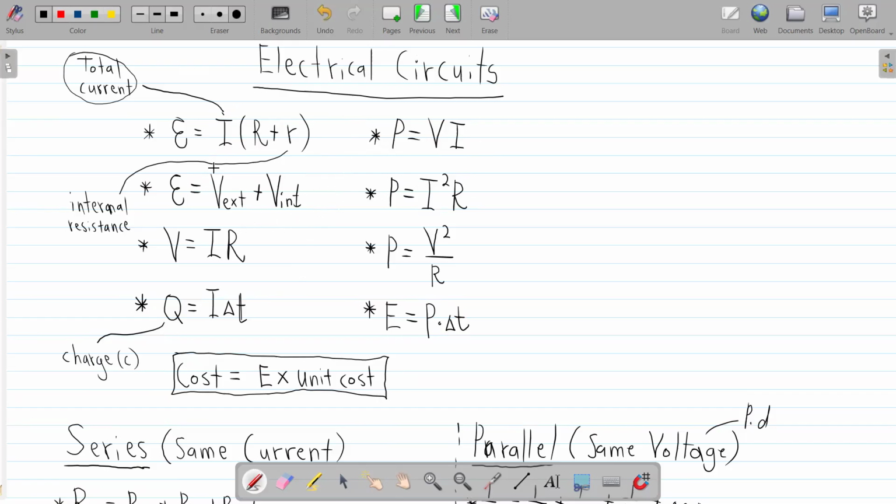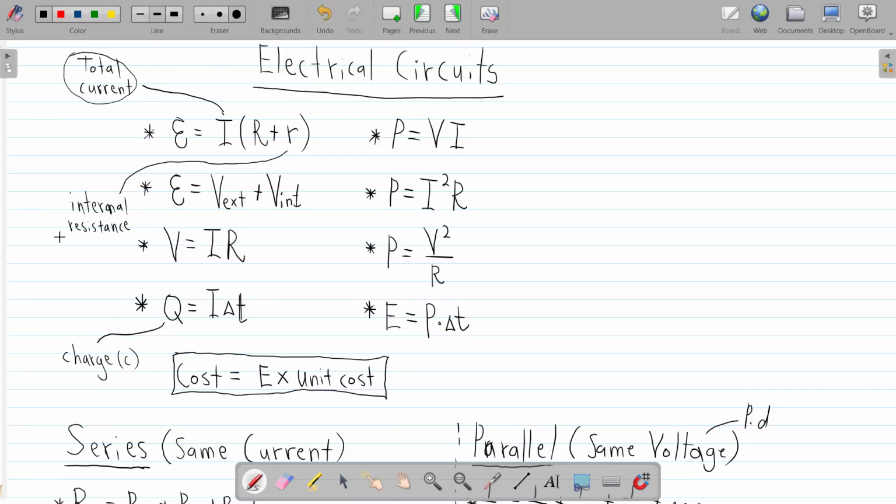And then, note there is a difference between the small r and the big R. The small r is the internal resistance of the circuit, okay? So the internal resistance will be found inside the power source.